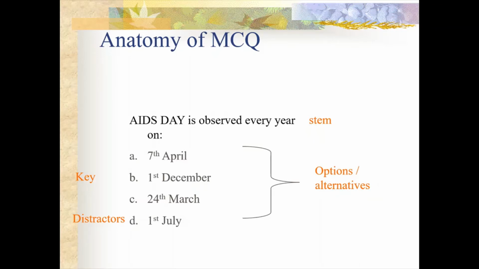The question, the problem, or the stem. The choices A, B, C, or D are called options, alternatives, choices. The word which is right is called the key or the right answer. Other choices, alternatives are called distractors.